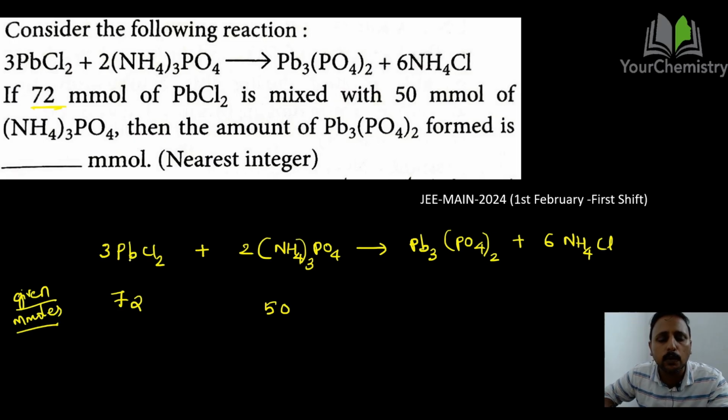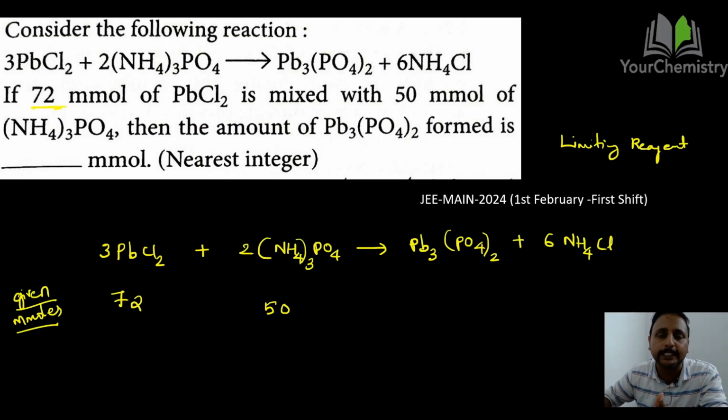For 3 moles of PbCl2, 2 moles of ammonium phosphate is needed. Here some complex numbers 72 and 50 are given, so we are unable to identify which is the limiting reagent. Limiting reagent is an important concept we need to know to solve this question.